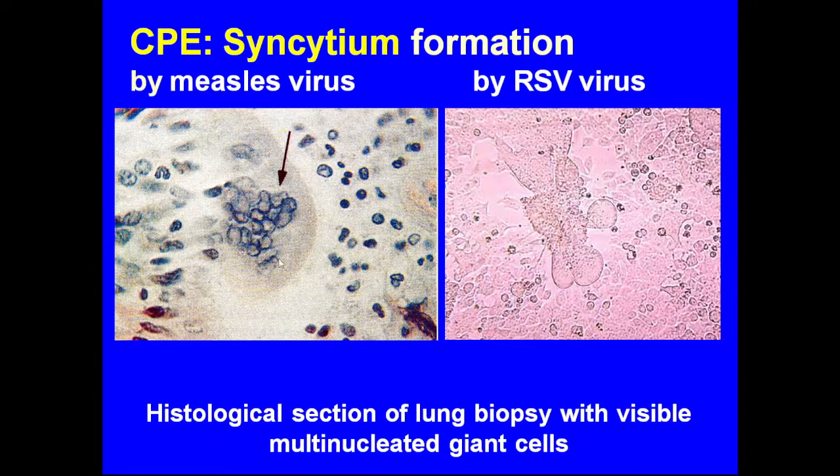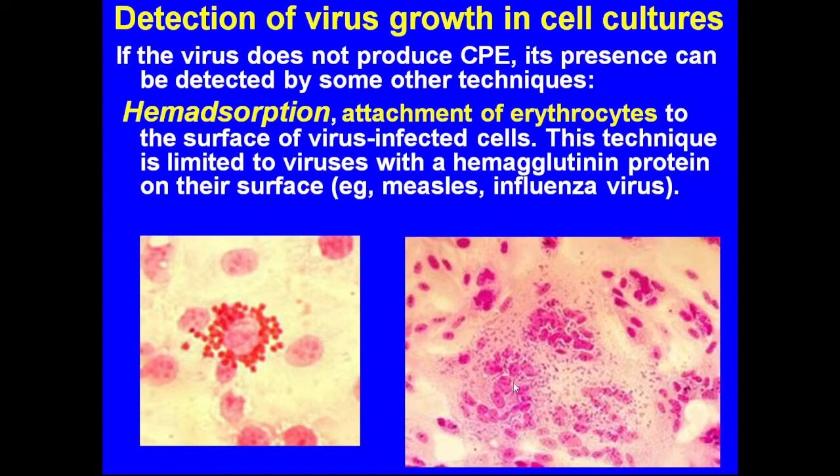Some viruses may cause so-called syncytial formation. There's measles virus or respiratory syncytial virus, when many cells fuse together to form multinucleated giant cells. That's also the way we can identify it. Or hemadsorption, because the infected cells may adsorb erythrocytes on their surface.